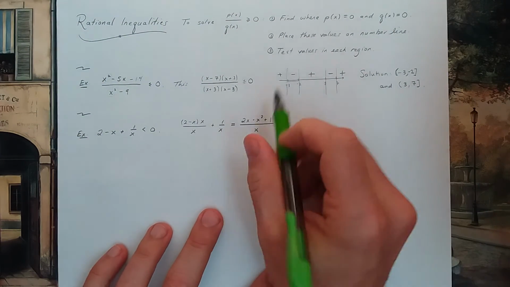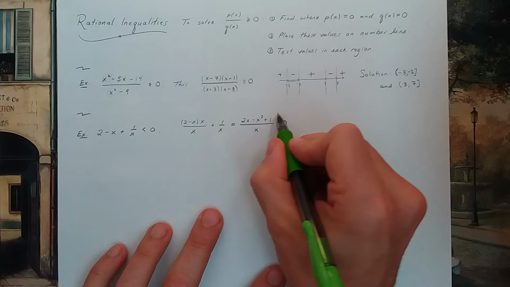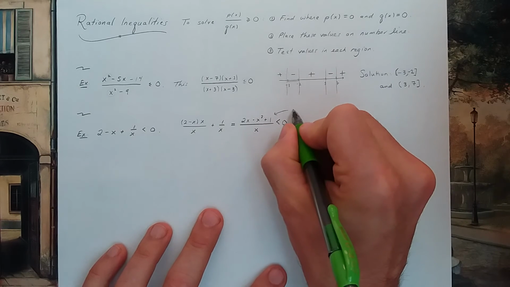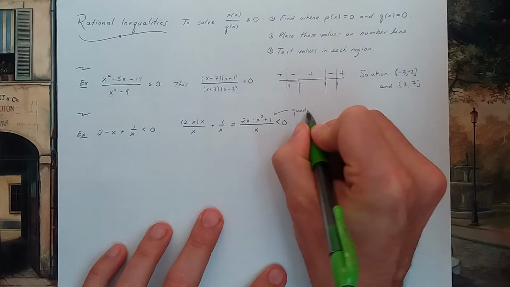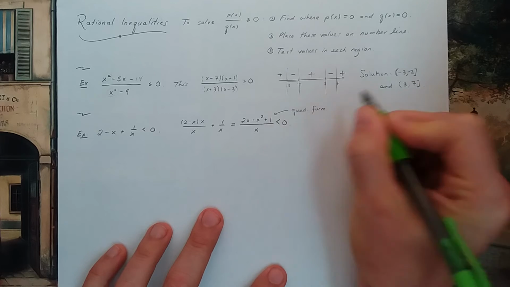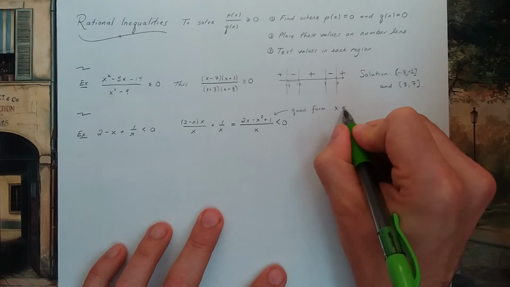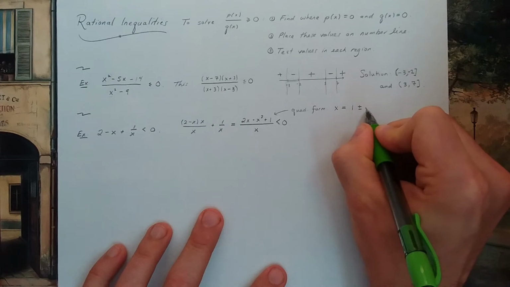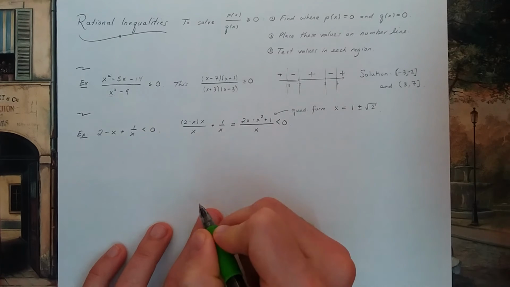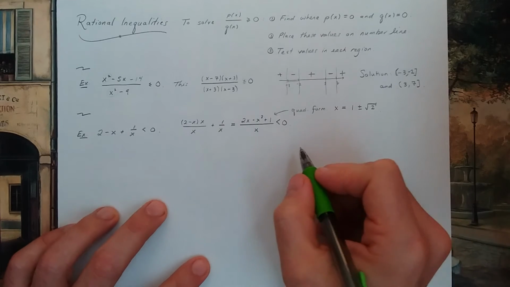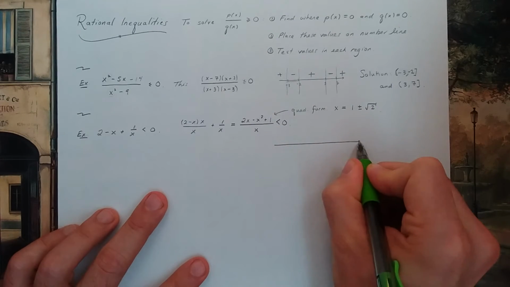X equals 0 is where the bottom is 0. The top, I can use the quadratic formula. And if I use the quadratic formula, I find x can equal 1 plus or minus the square root of 2. So those give me my values for my number line.